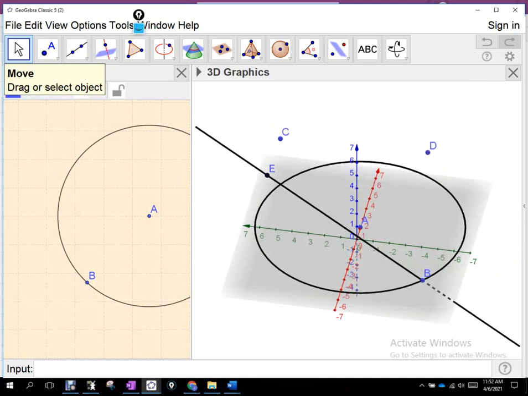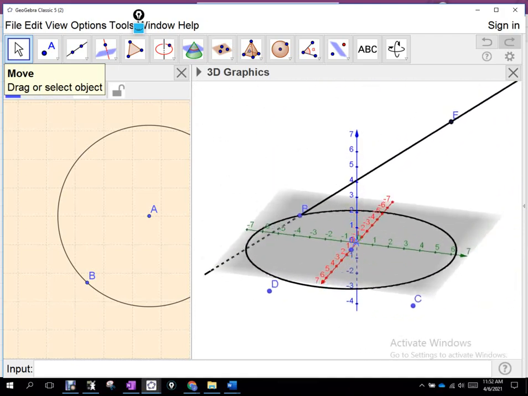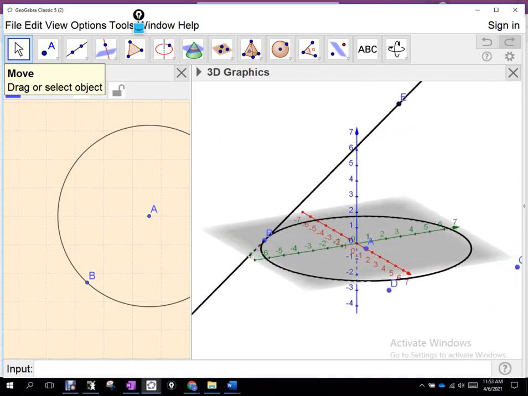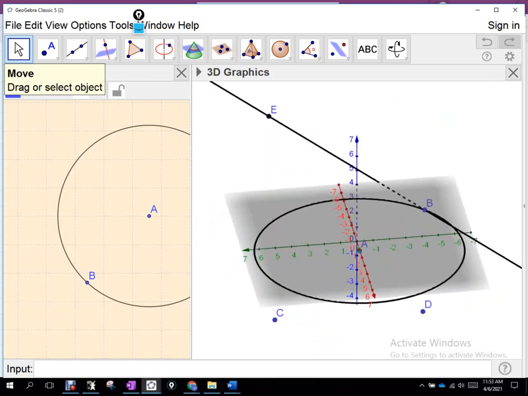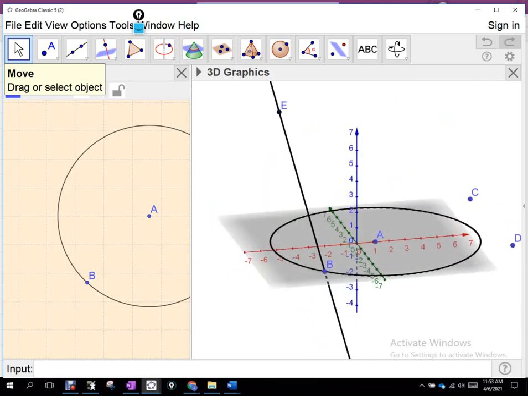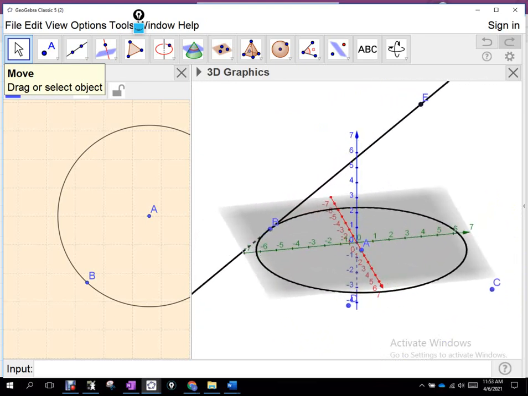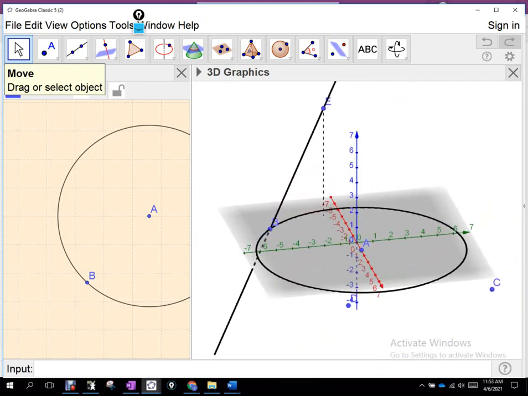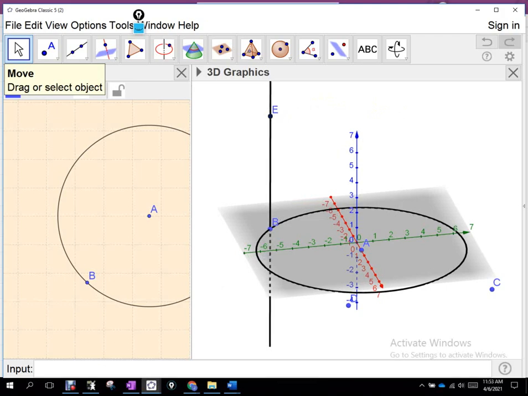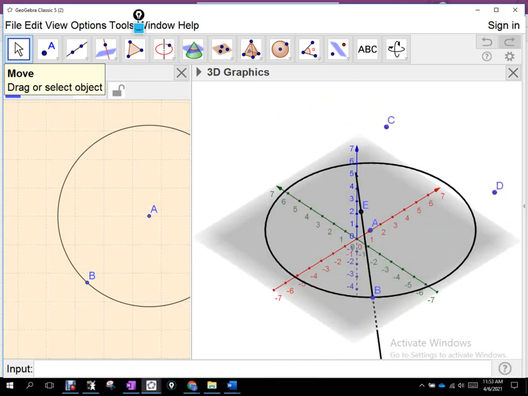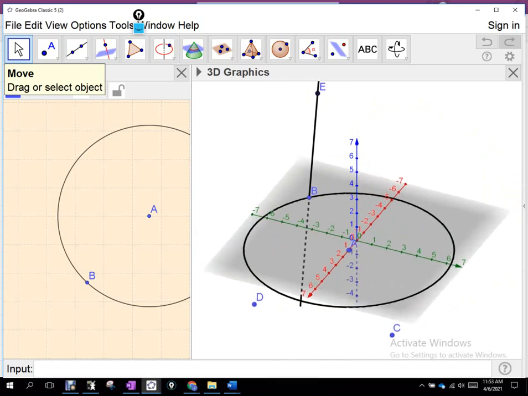Okay, that line touches that circle one time. Do you agree with that? Touches that circle at B one time. But that line is not in the same plane as the circle, so that is not considered a tangent line. That line as well would not be considered a tangent line.